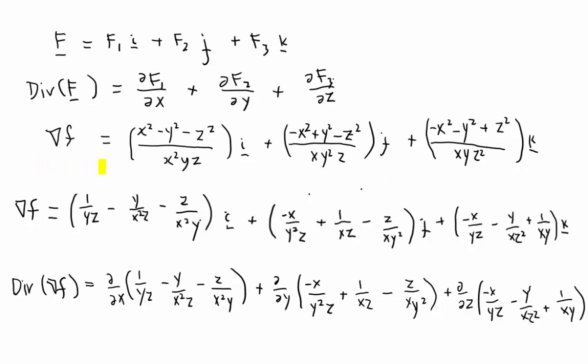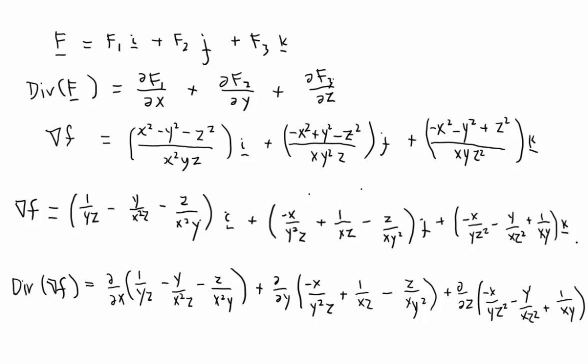Since we know the gradient of f, which can be simplified into (1 over yz minus y over x squared z minus z over x squared y) i plus (minus x over y squared z plus 1 over xz minus z over xy squared) j plus (minus x over yz squared minus y over xz squared plus 1 over xy) k.